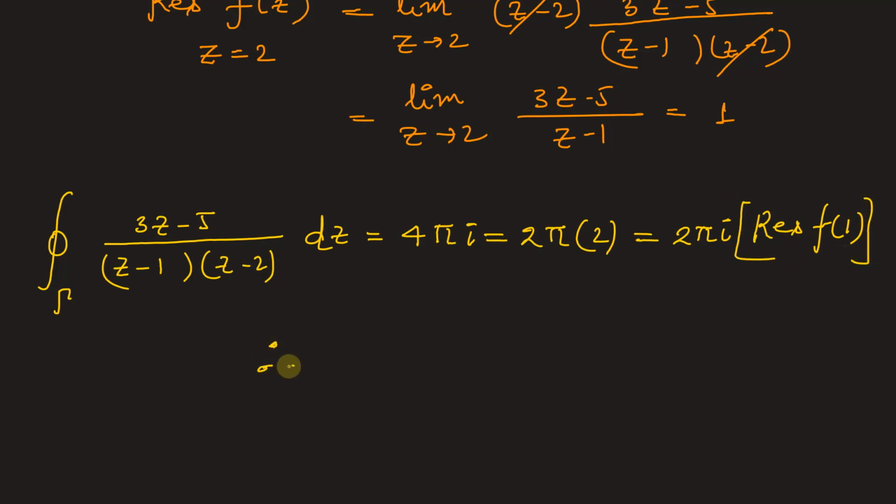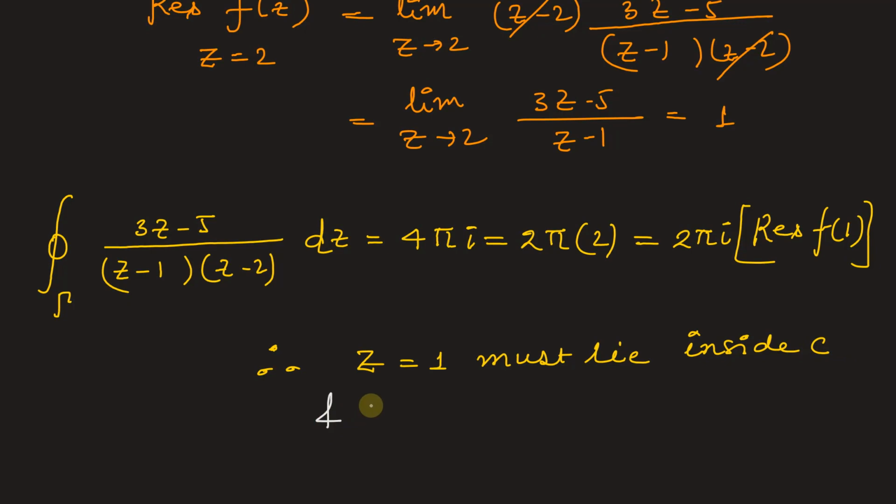Therefore, z is equal to 1 must lie inside C, and z is equal to 2 must lie outside of C.